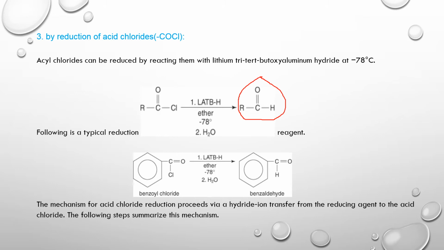So benzoyl chloride also undergoes reduction with lithium tri-tertiary butoxy aluminum hydride at minus 78 degrees to give benzaldehyde, C6H5 C double bond O H, from C6H5 COCl.